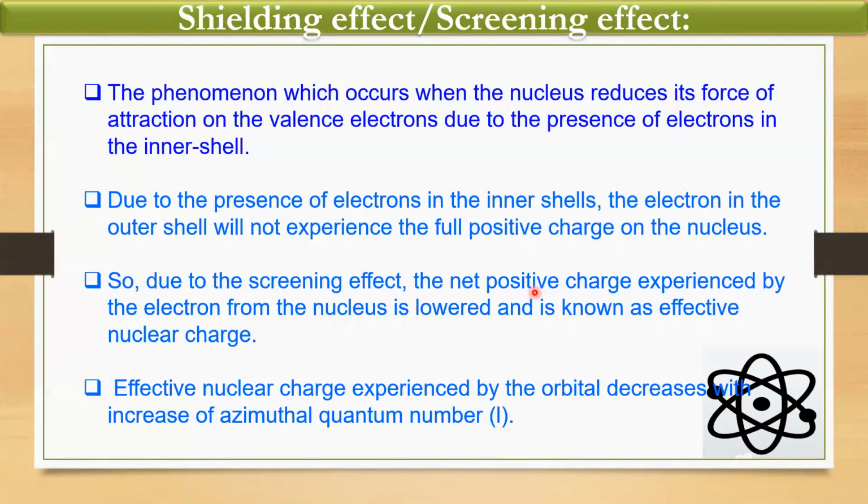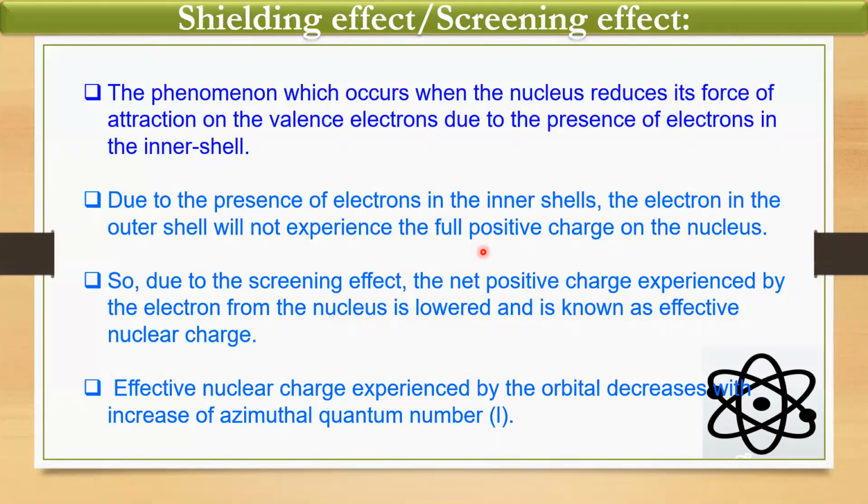A protective layer. Valence electrons means the outermost shell electrons. So when the nucleus loses its attraction on the outermost shell electrons due to the presence of electrons in the inner shell, a shield is created, and we call this a screening effect.